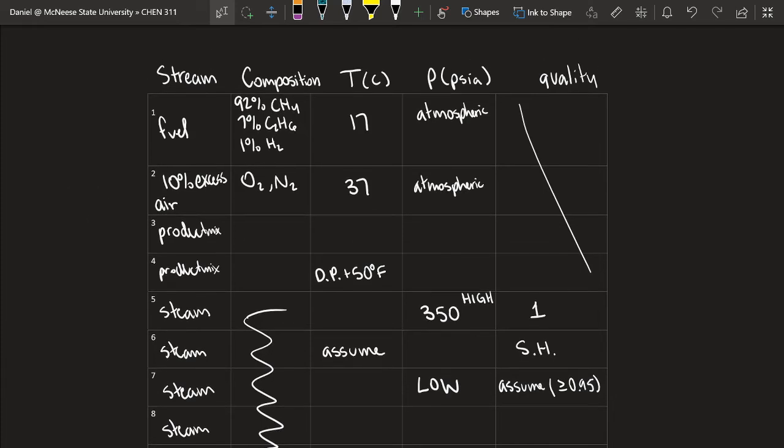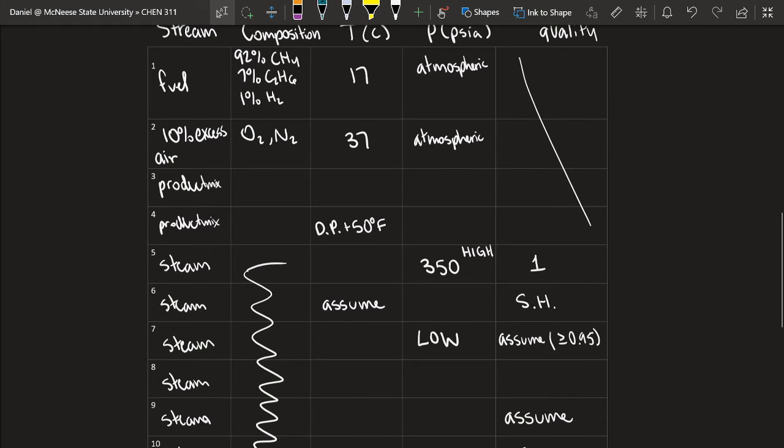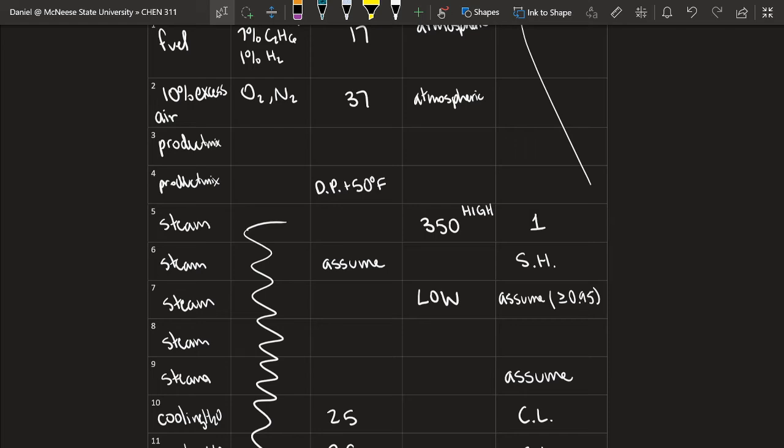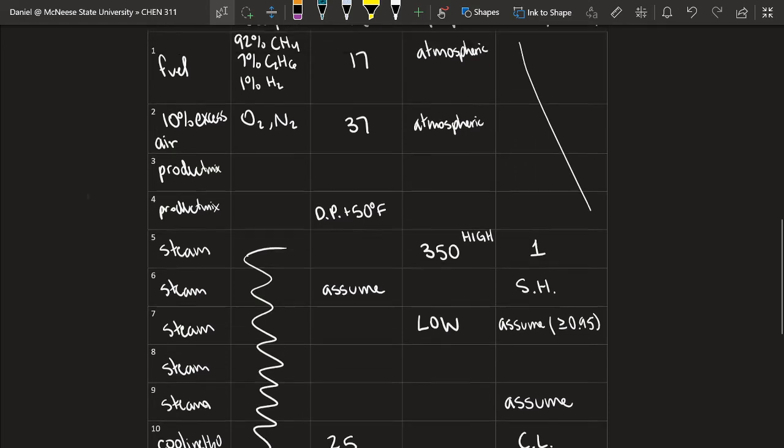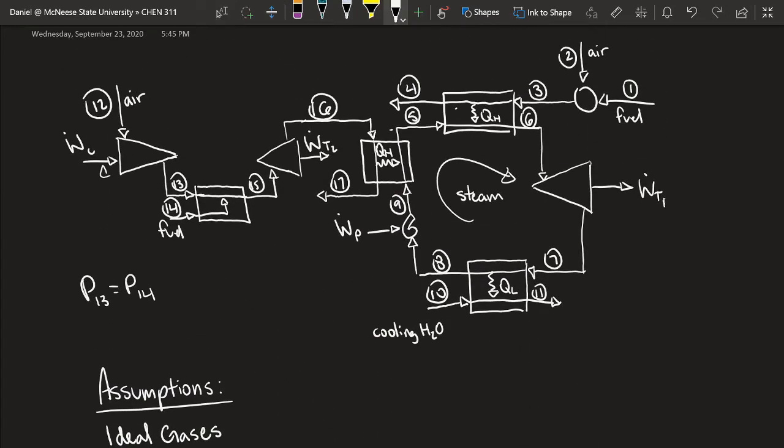A few things that I wanted to say though is, right here it states 7, so that's at the turbine outlet. You shouldn't have a quality that is less than 0.95. If you had a quality that's less than that, the turbine would break sooner, I believe.